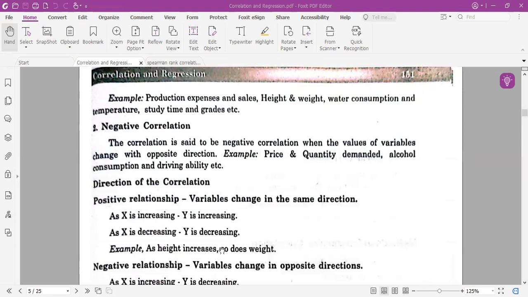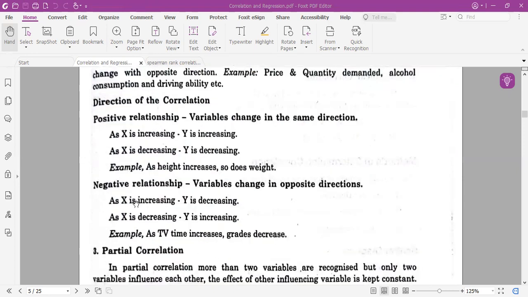Now talking about negative correlation, as I told earlier, one increasing, other decreasing. So price and quantity demanded: if the price decreases, quantity demanded increases. If the price increases, quantity demanded decreases. Similarly, alcohol consumption and driving ability: if more alcohol is consumed, your driving ability decreases. So this is what is called negative correlation. I think you can understand these examples.